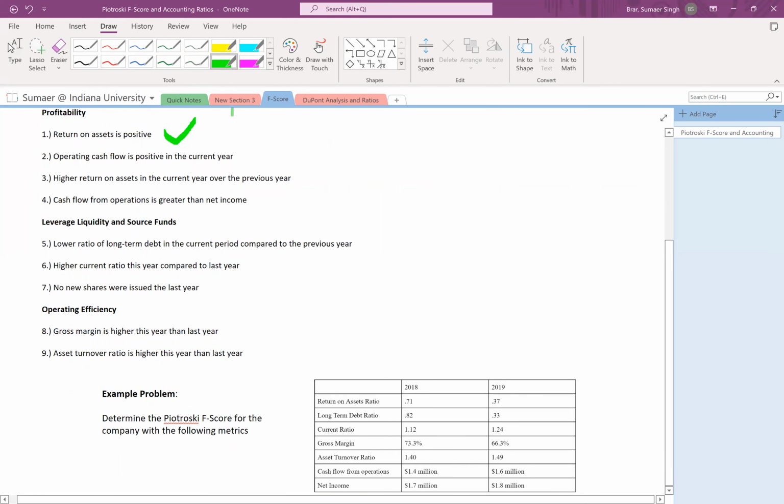So obviously, this criteria is indeed fulfilled. Our second criteria is that operating cash flow is positive.